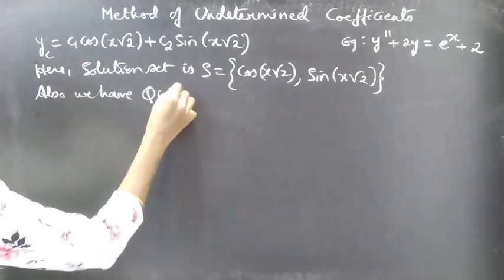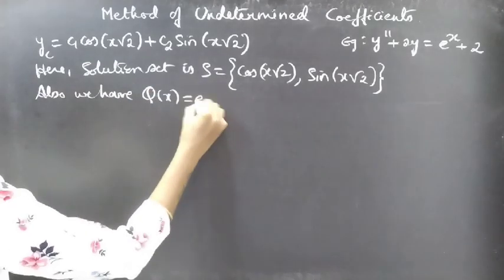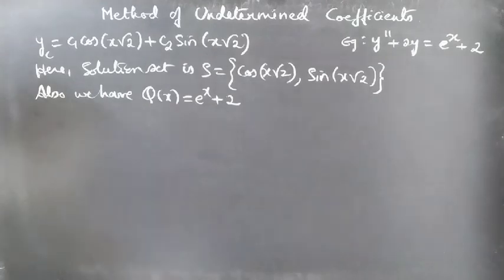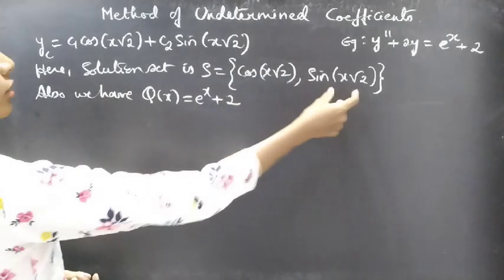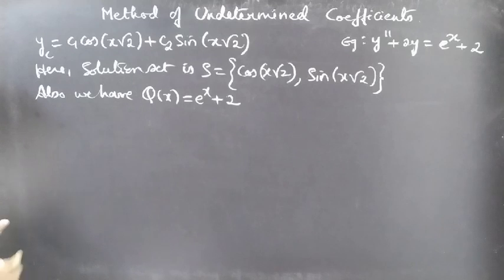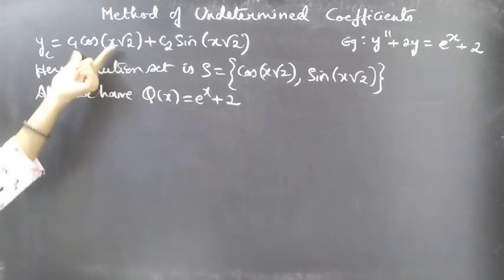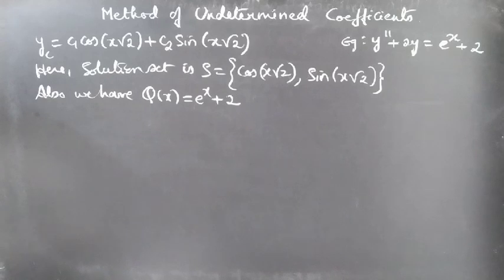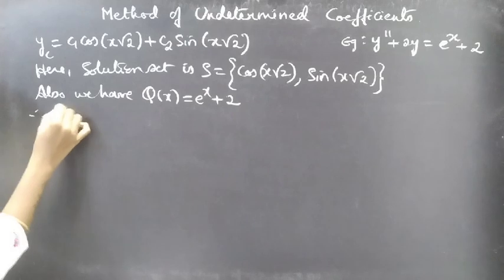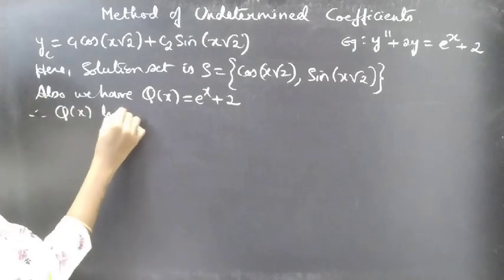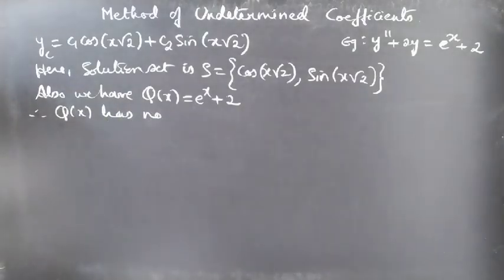Also we have Q of x, or the RHS part of the given differential equation, which is e power x plus 2, right? So now compare e power x, 2 and this. You don't have any common terms, right? There are no common terms in Q of x and yc. Therefore, Q of x has no common terms with yc.